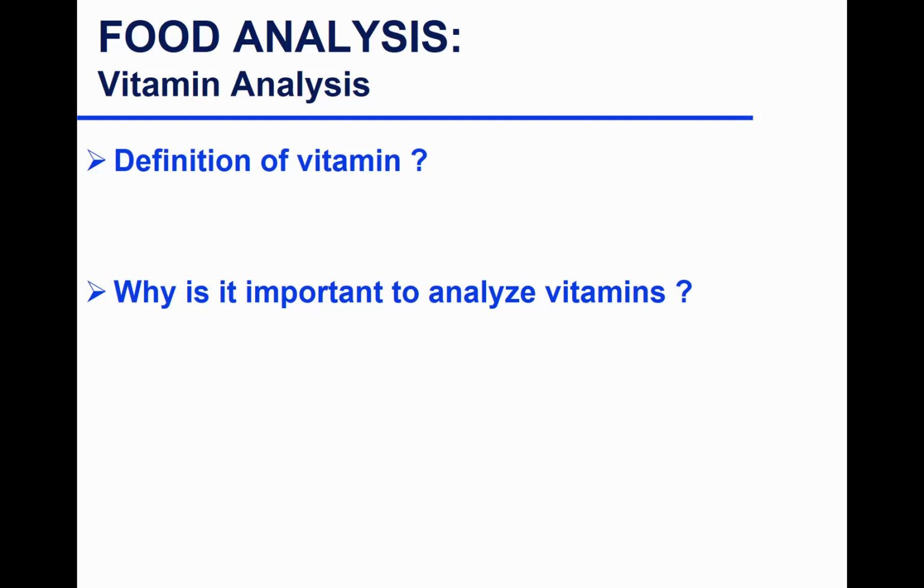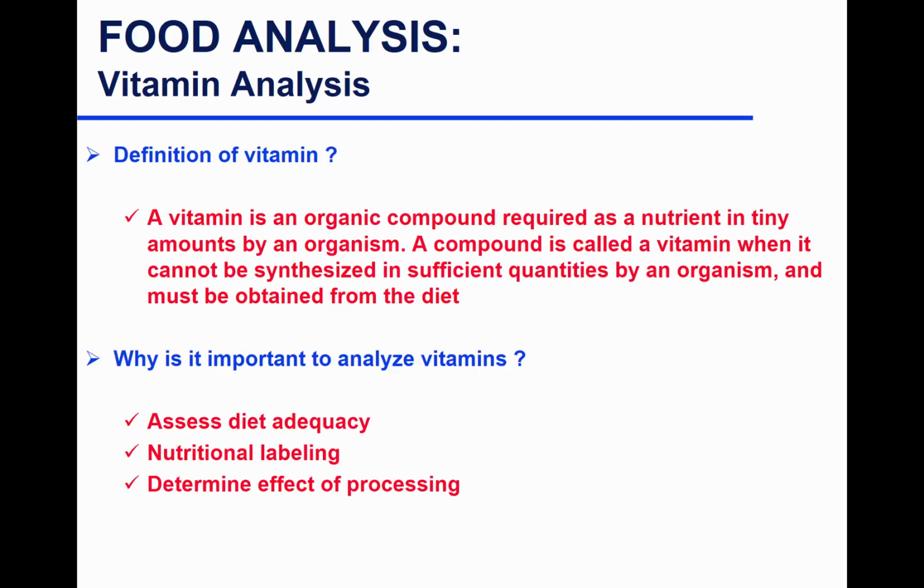So that was part of the lab: we make sure producers put in vitamin C above and beyond their claim, because during processing and storage, you would lose some of the vitamin C. Okay. So here's the definition of the vitamin, and the reasons: to assess diet adequacy, nutritional labeling, and determine the effect of processing.